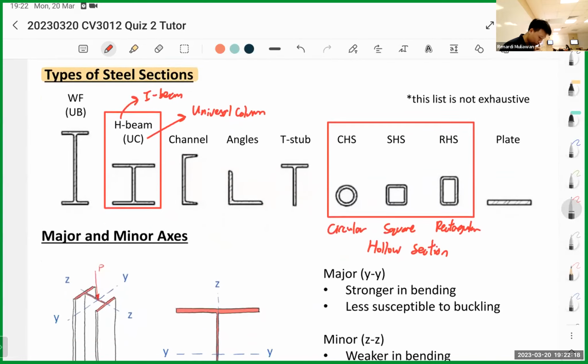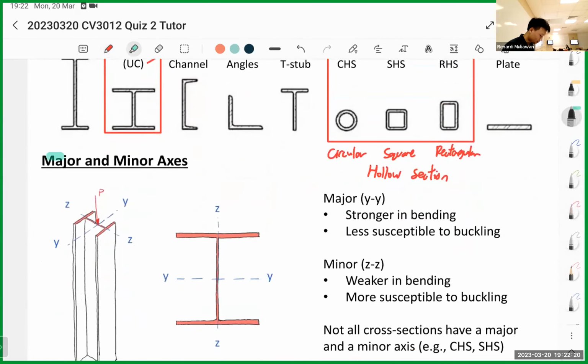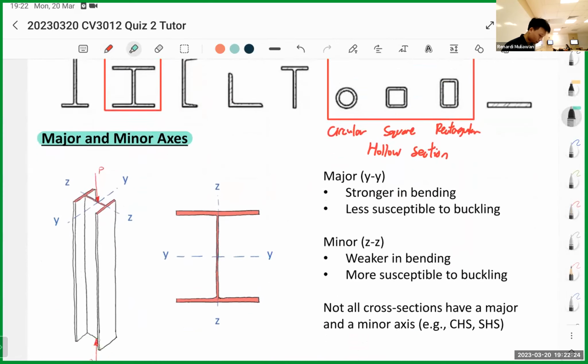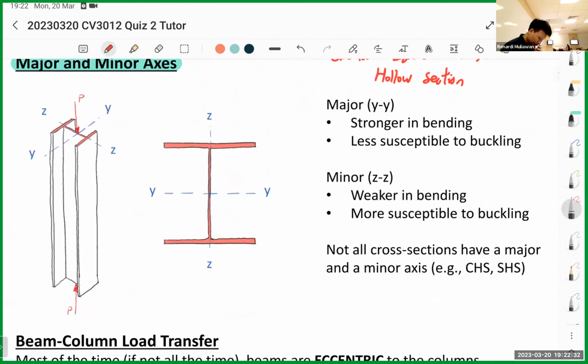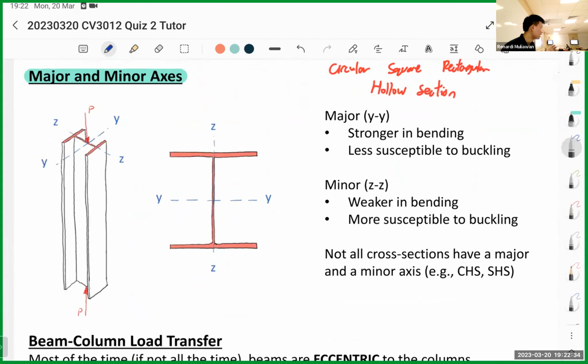Let's go to the next concept, which I think you're also pretty familiar with: the major and minor axes. I'm using the I beam as an example. Most sections have a strong and a weak axis. The major one we usually name YY, and the weak one we name ZZ. If you see the diagram, YY is this line.